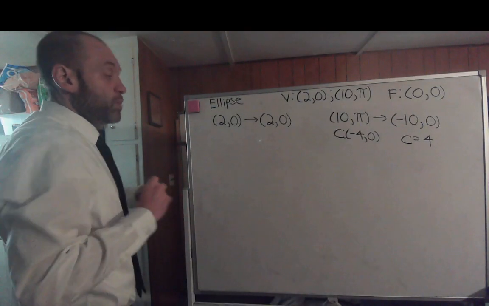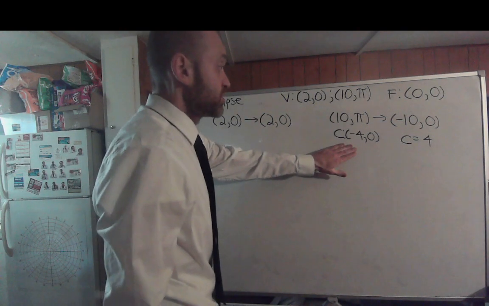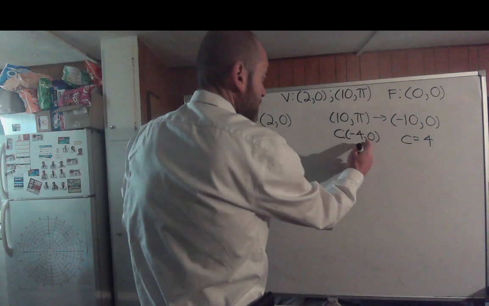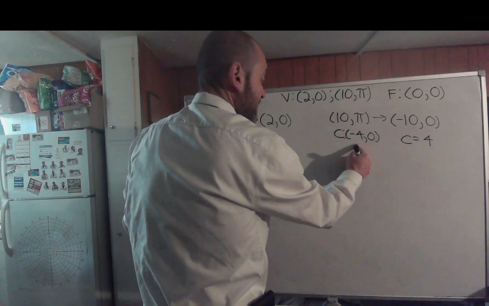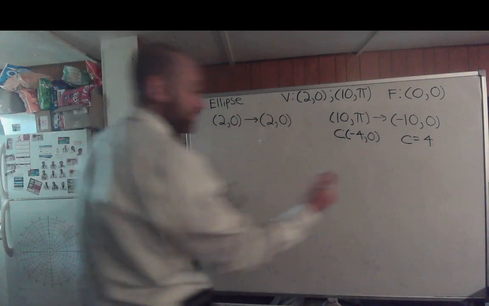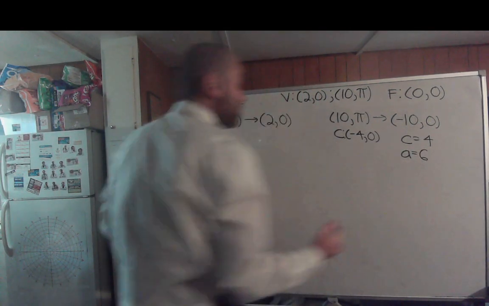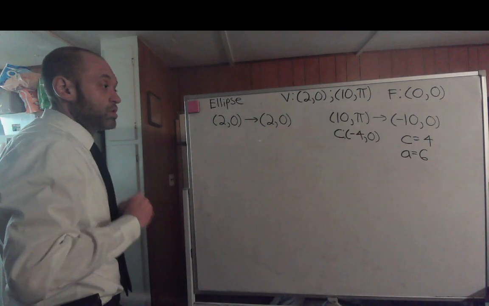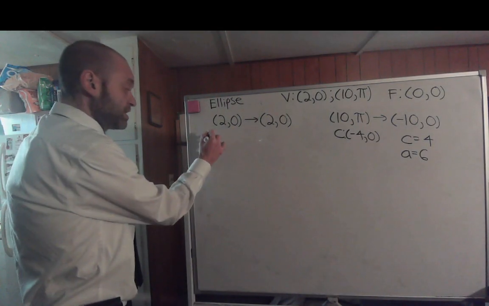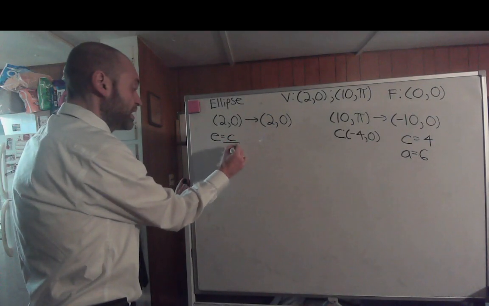Okay, we need to find a, however. Well, let's just go from the center to one of these vertices, just one of them. If we go from an x-coordinate of negative 4 to negative 10, that's a distance of 6 units, right? So that means a has to be 6. Well, good news is now we have enough information to find the eccentricity at least, because the eccentricity is always c divided by a.